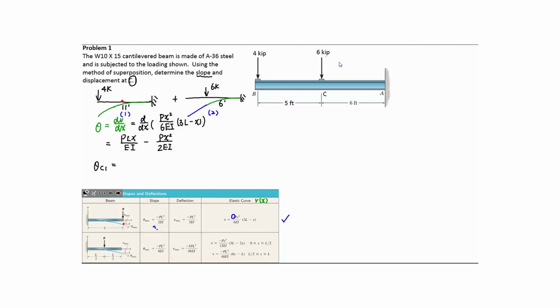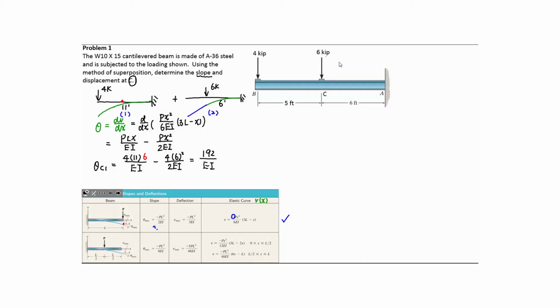The P is 4, the whole length of the beam is 11, and the x here is going to be 6. If we do the calculation, we finally find that the rotation angle will be 192 over EI for now.